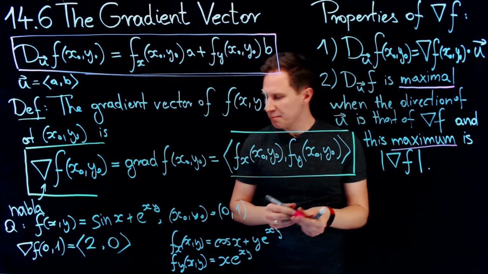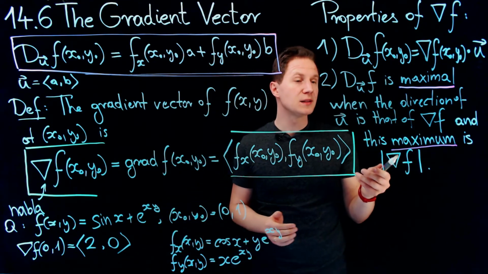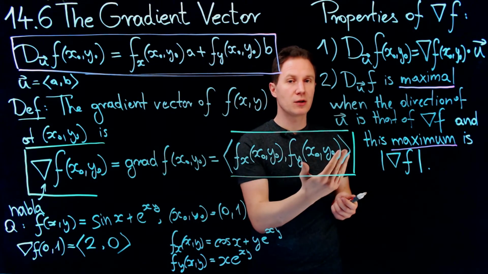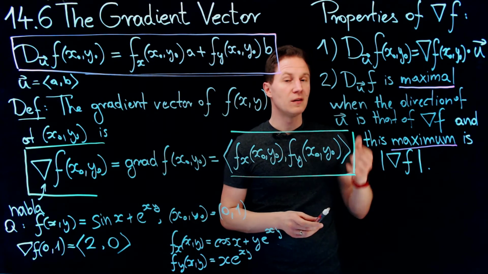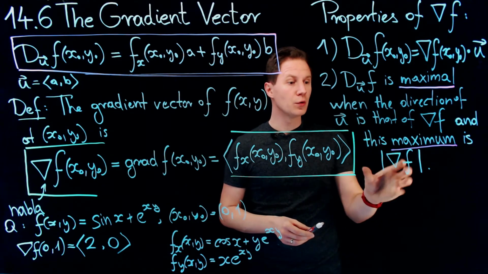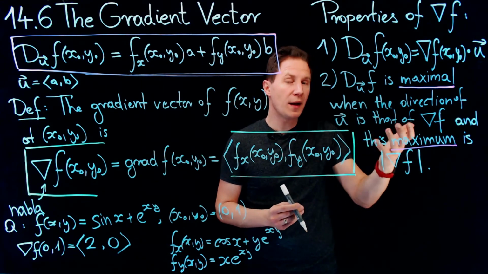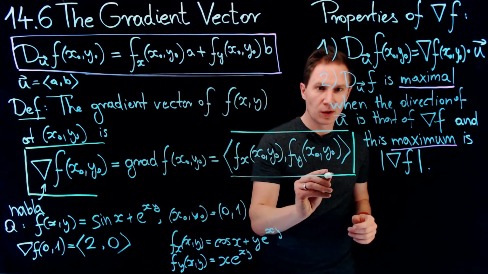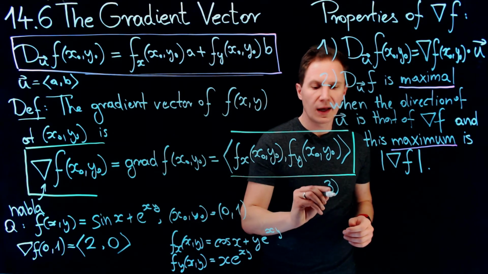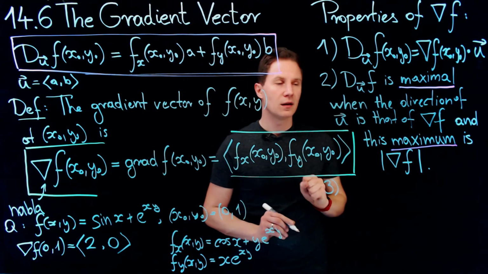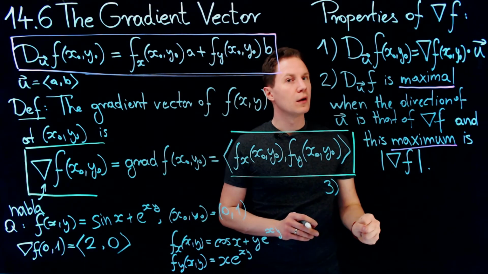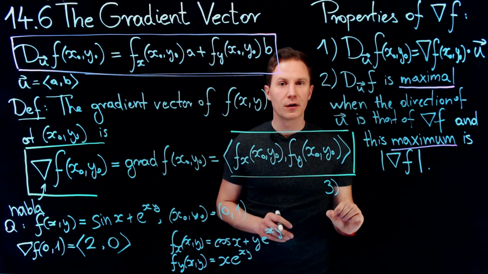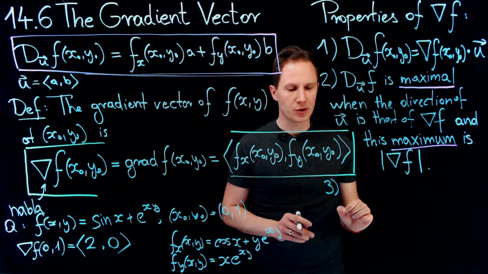It gives you the direction of the maximum rate of change, the maximal directional derivative, with its direction, and with its magnitude, with its length, it actually gives you the maximum rate of change of the function. Last but not least, we can also show that the gradient vector is always perpendicular to the level curves of the function.